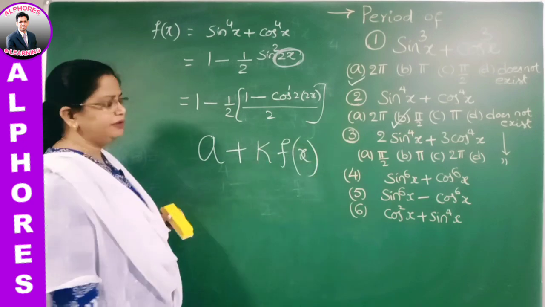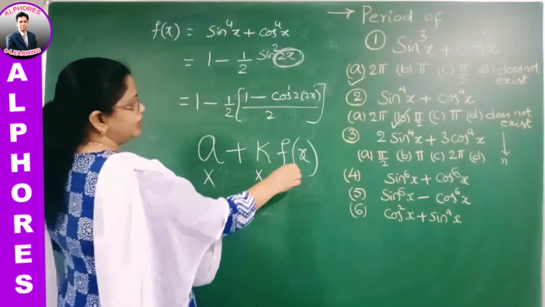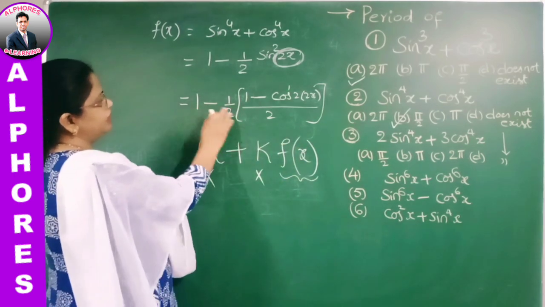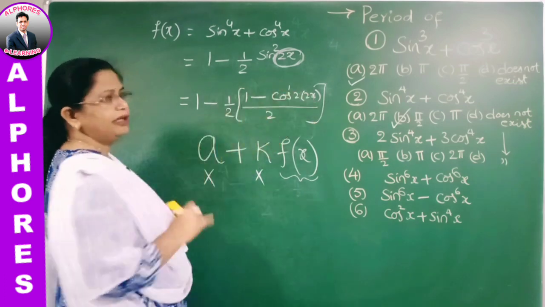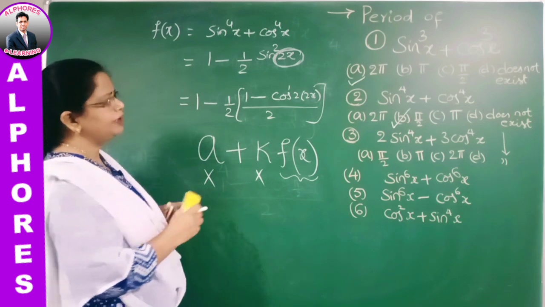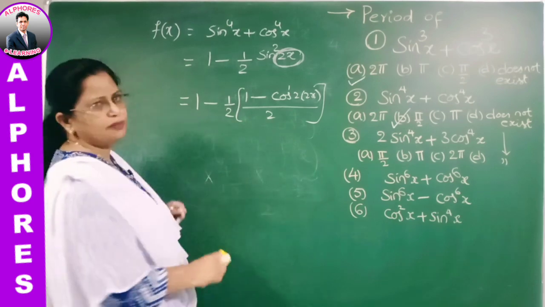Understand? So your concentration is not on this one, not on this one, it has to be only on this particular value. That's why I did not simplify all other values, directly I have taken this particular function to find the fundamental period of the given value. Understand? So this one is the descriptive approach, sin power 4 plus cos power 4.